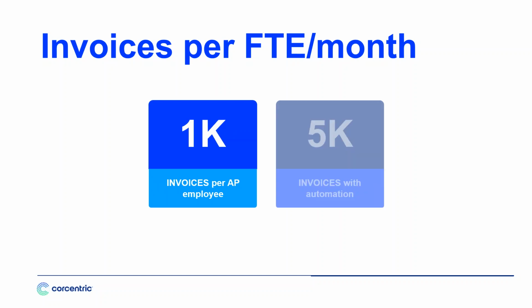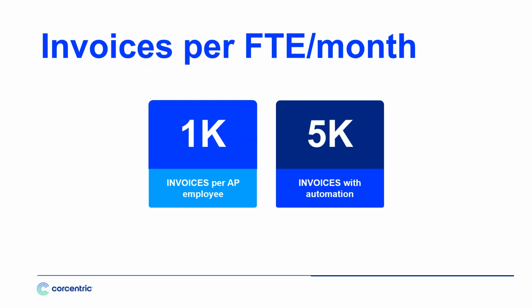So when I see the range here of 1,000 invoices per AP clerk versus 5,000 with automation, once again, that's a 5 times delta. So if I'm a company on the right and I'm automating my invoices, I am more efficient compared to my competitors by 5 times. That's a major impact. Think about what you could do if you're one of those companies that's 5 times faster.